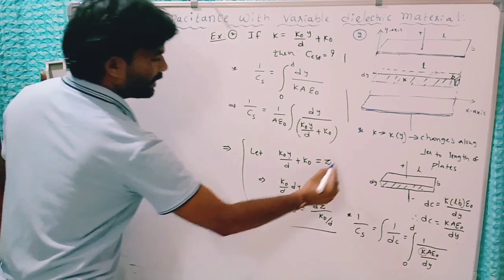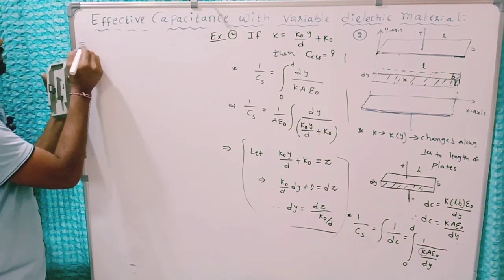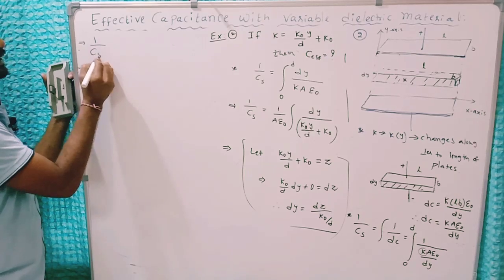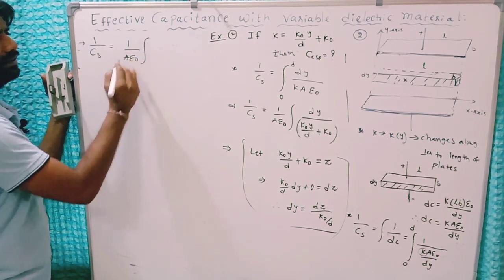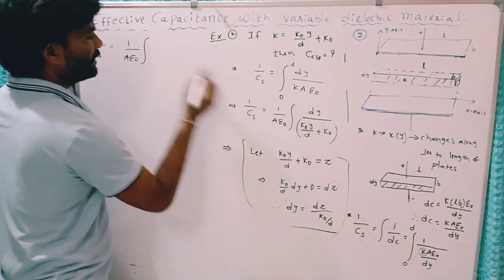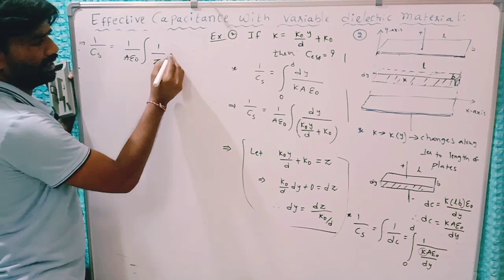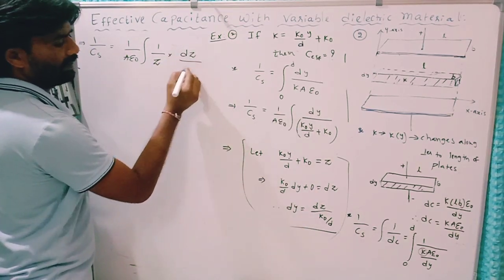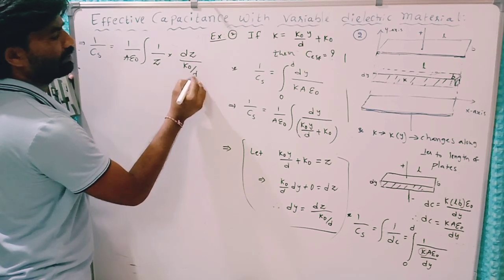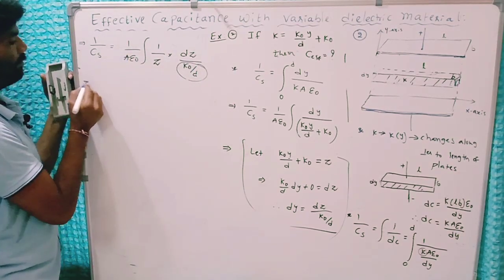Write these two in the above equation. It gives 1 by Cs equal to 1 by K A epsilon naught, with z in the denominator, 1 by z, and dy is dz by K naught by d. Write these constant terms outside.